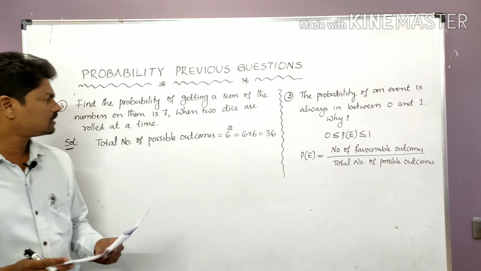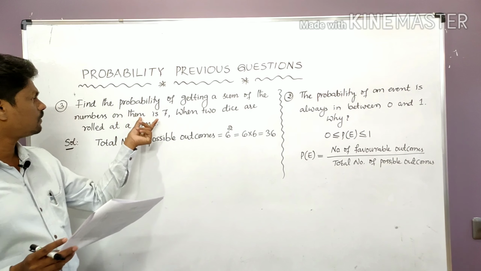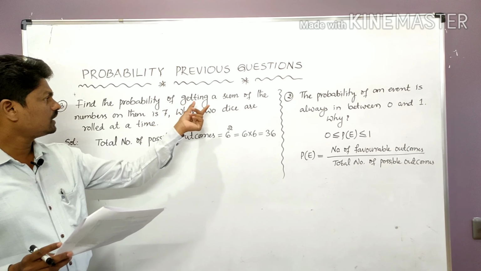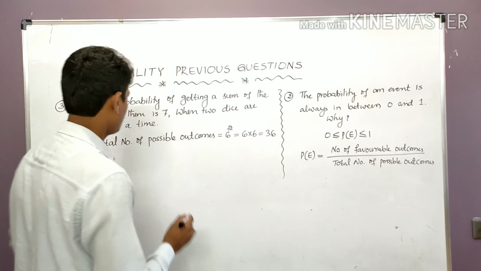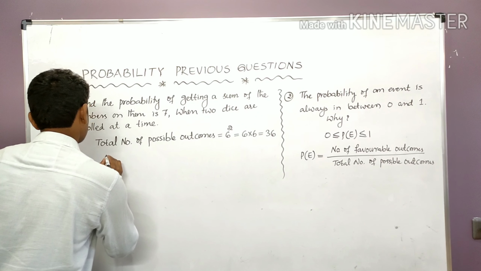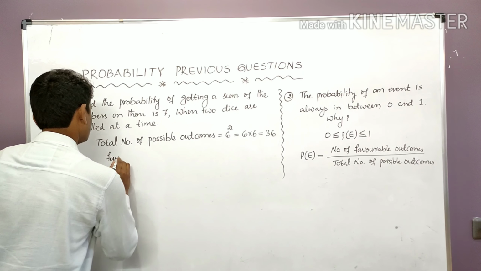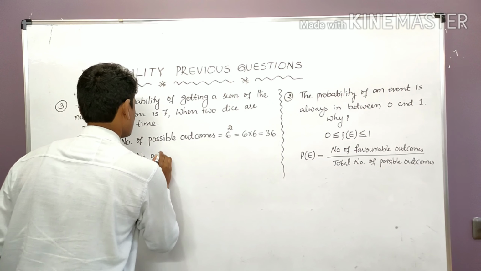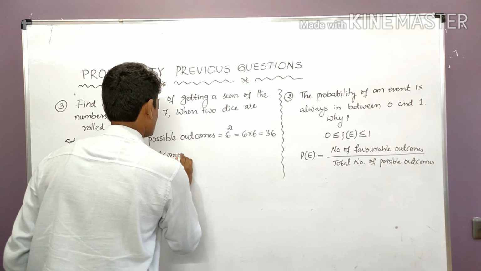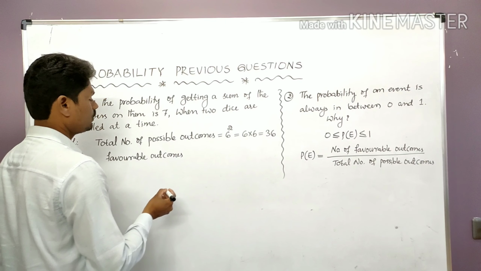So among this 36 we have to select the favorable outcomes when the sum of the numbers on them is 7. So what are the possibilities for favorable outcomes?